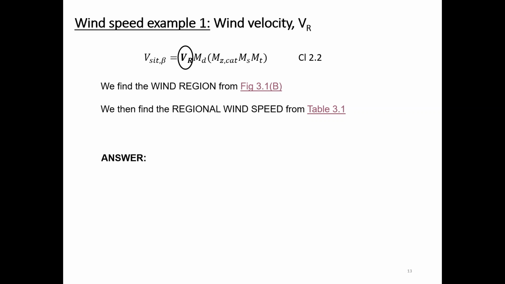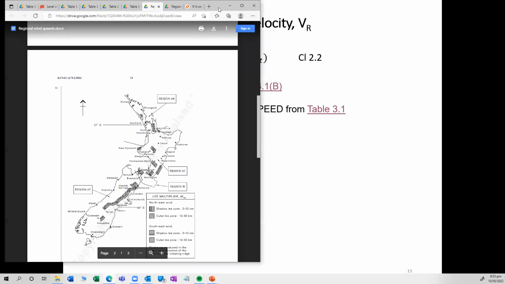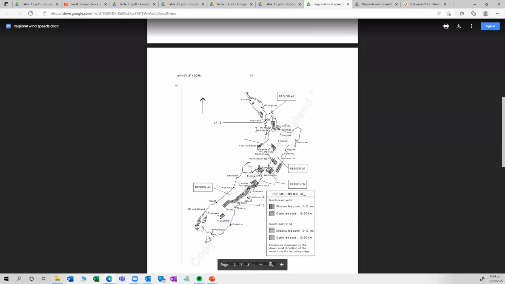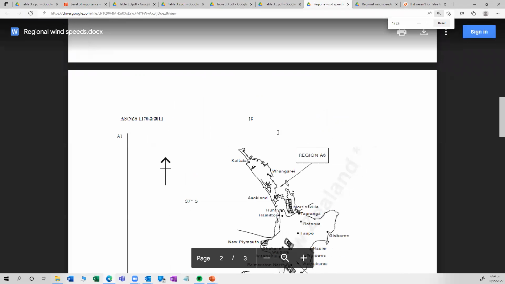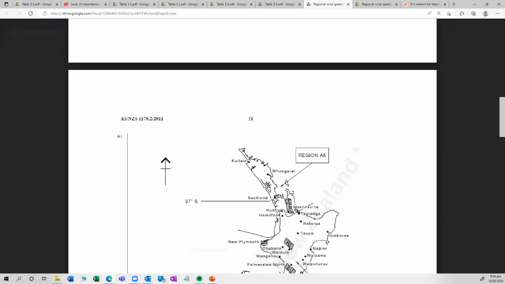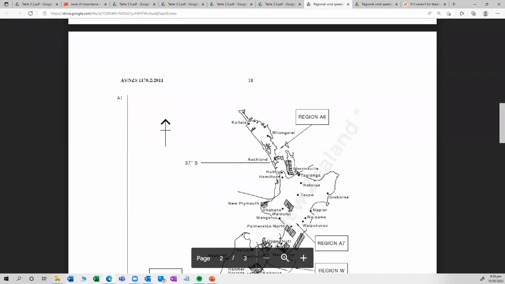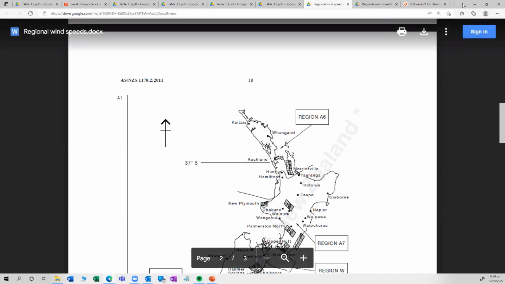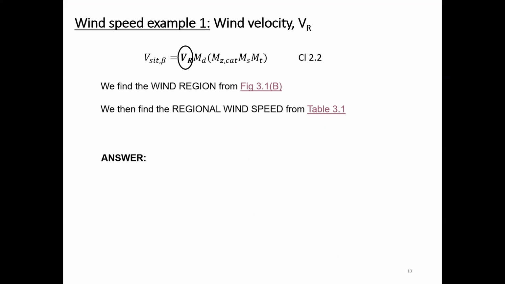Okay, let's find the regional wind speed. Well, it's just Auckland, right? So you can see Auckland here is part of region A6. You've got region A7 here. We're part of A6. And we've got a 500-year return period.